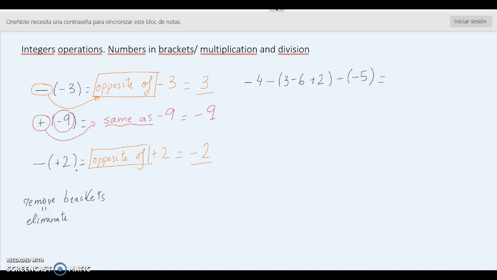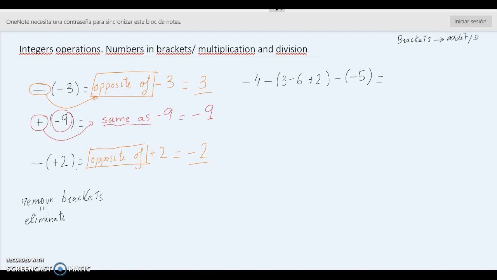So in the order of operations, the first type of operations to do is the brackets, and then we simplify additions and subtractions. So let's start doing the brackets.